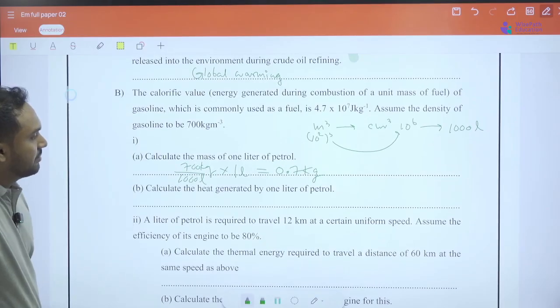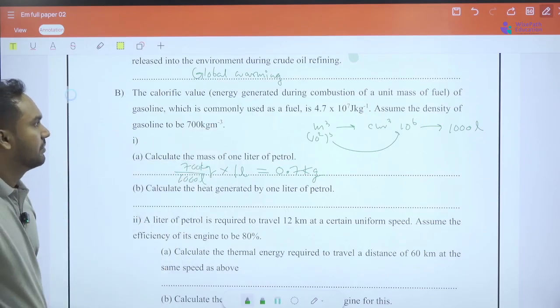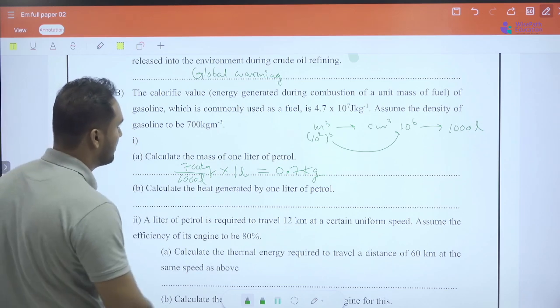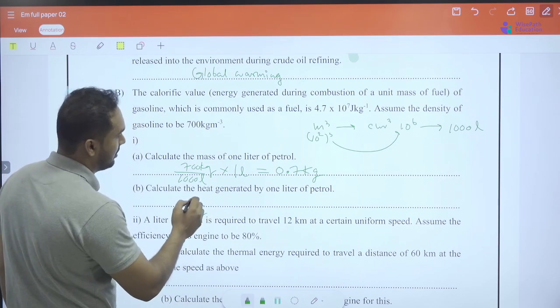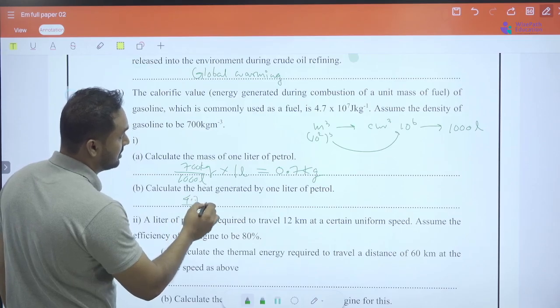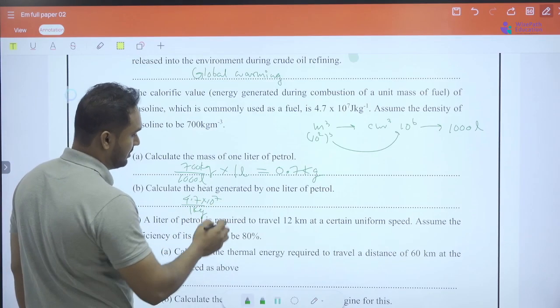Calculate the heat generated by 1 liter of petrol. The energy generated during combustion of a unit mass of fuel, that means per kilogram, of gasoline is 4.7 times 10 to the power 7 joules.